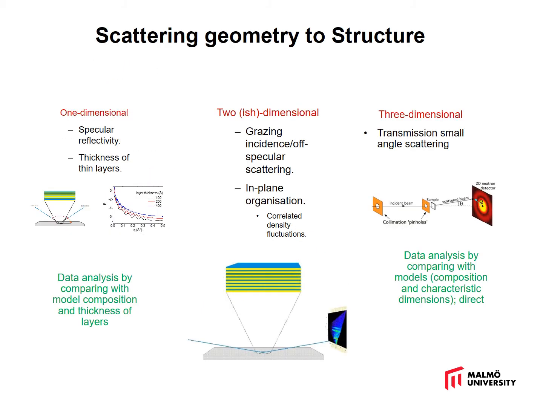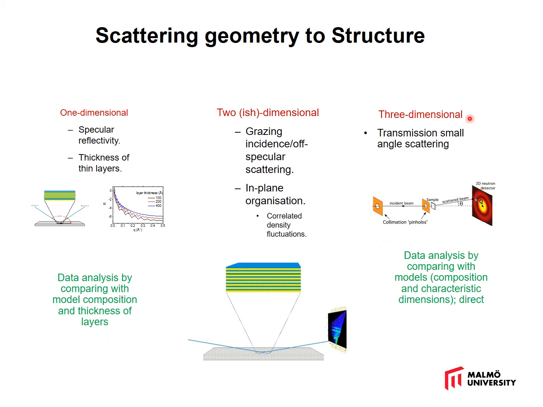So this slide has appeared and will appear several times. It's an overview of the three important geometries: specular reflectivity, which Marite introduced, where one infers from the data the composition and thickness of layers on a surface.